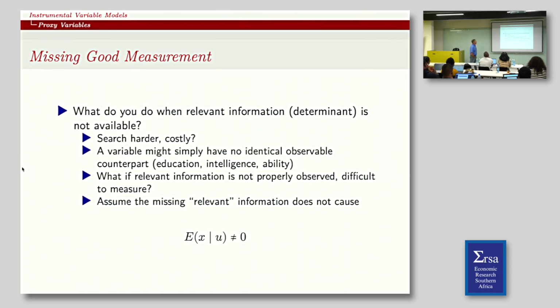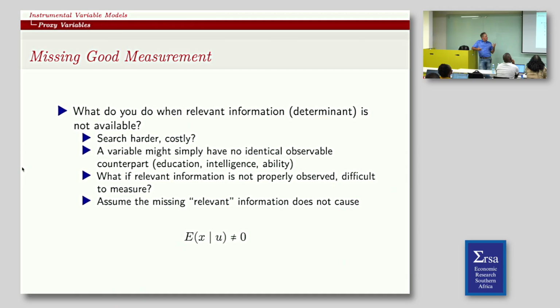It is possible that this sort of variable isn't going to have an identical observable counterpart. A lot of the work we talk about when it comes to instrumentation comes out of labor and relates to education. There's a classic paper I'll talk about at the end that puts some of this together. But it's hard to separate, for instance, education and intelligence, or ability and intelligence and education.